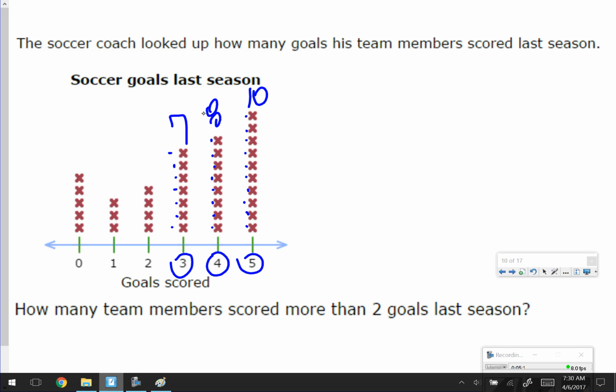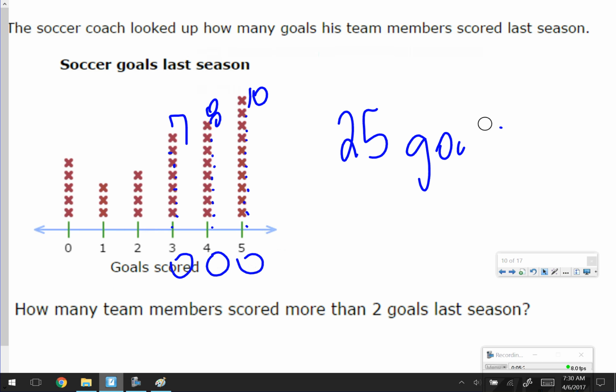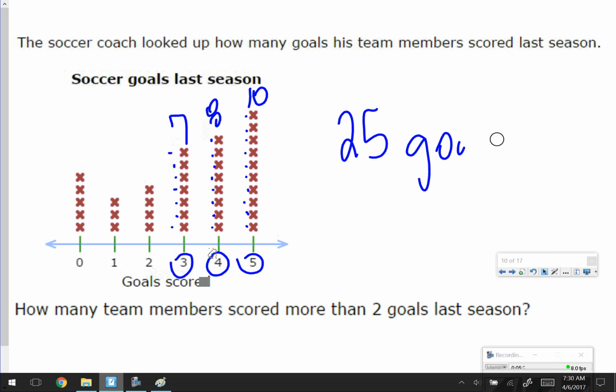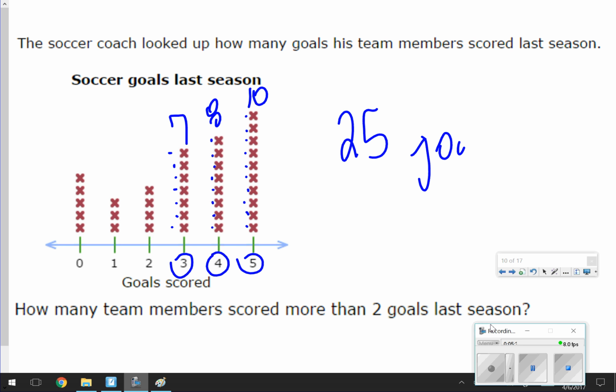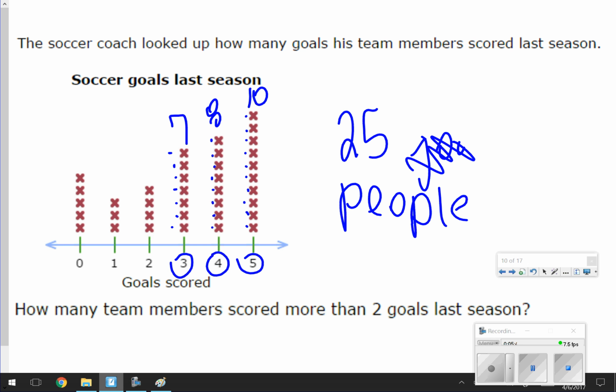So that's 7 and 8 is 15, 15 plus 10, 25 goals. Or no, 25 team members. Sorry about that. We were just interrupted by the intercom. So we said that 25 people scored more than 2 goals last season.